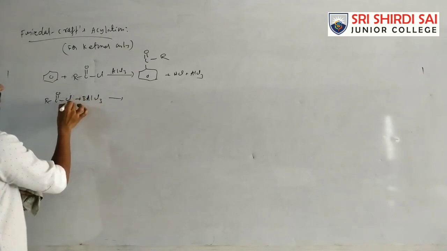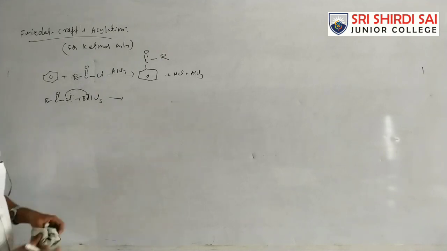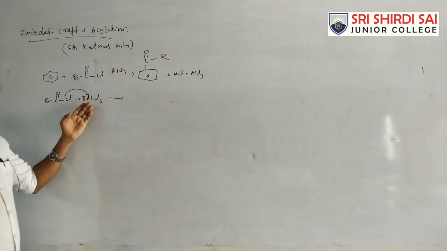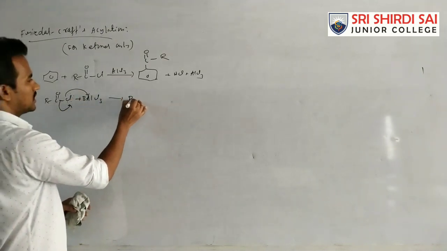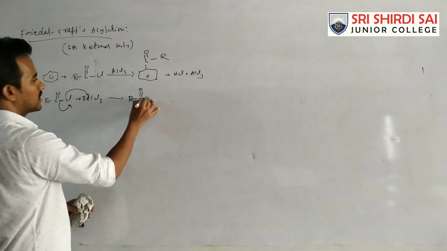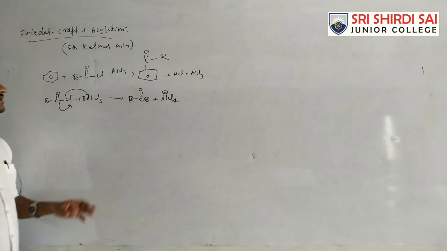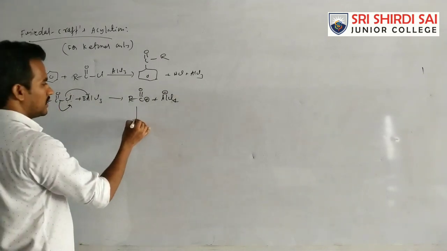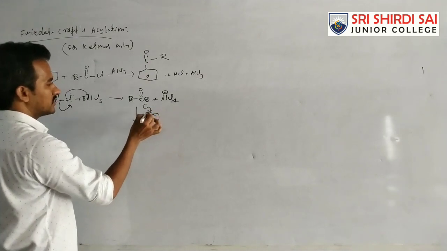Now the chlorine's non-bonding electrons bond with aluminum's vacant orbital. It is actually sp2. So the vacant orbital accepts the electrons, and this bond breaks. So you will get RC=O plus and AlCl4 minus. This aluminum carries a negative charge because the aluminum gains electrons. Now the alkyl attacks the benzene.